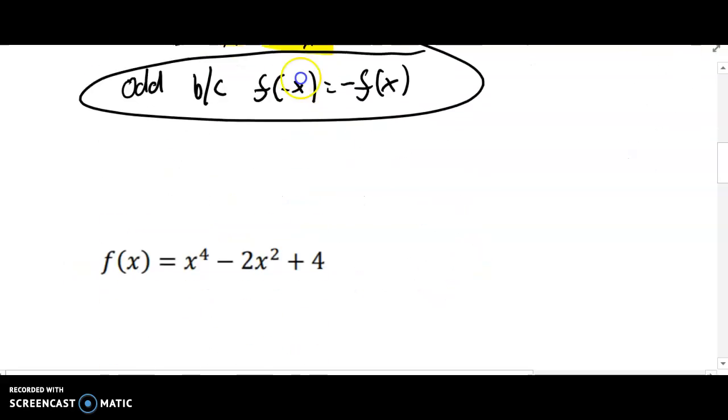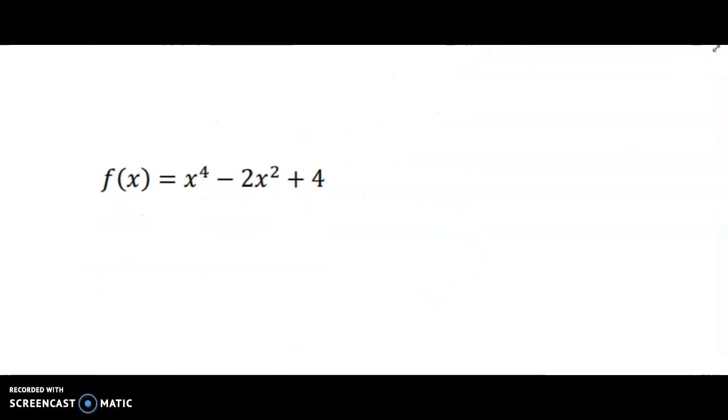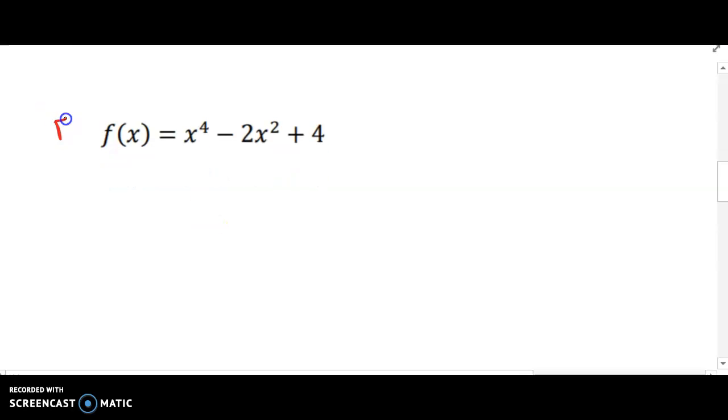Great, let's try another one. Pause wherever you need. Make sure that you're writing down the original problem. Alright, we're always going to start the same way. We're going to test f of negative x.